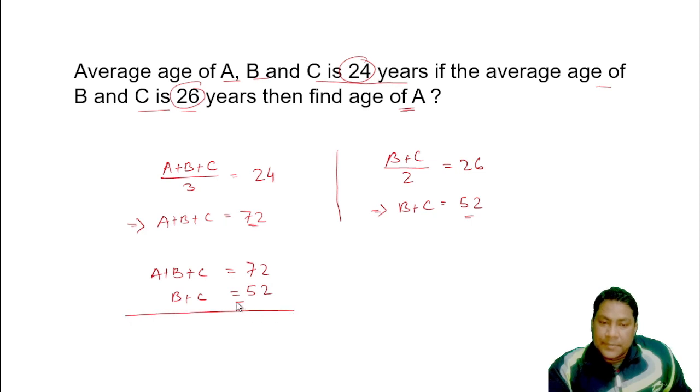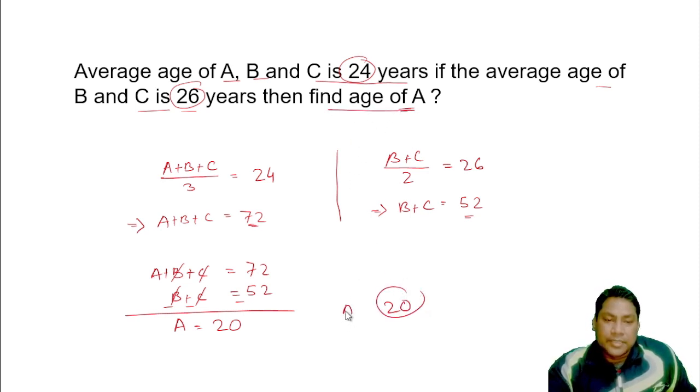Here minus B minus C, these will cancel out. Now A becomes 72 minus 52, that will become 20. So the value of A is 20. So the age of A is 20. The age of A we have calculated here is 20.